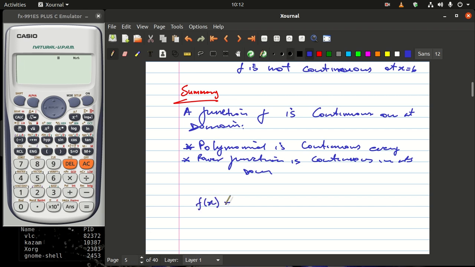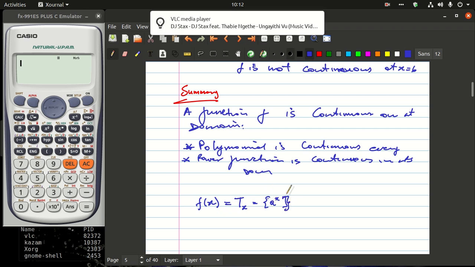Also, suppose I have a function f of x equal to t of x, where this t of x is going to be some series, a raised to x. When I write it like this, I'm saying that this function is a sequence of numbers.